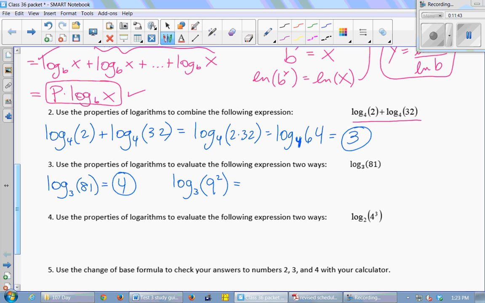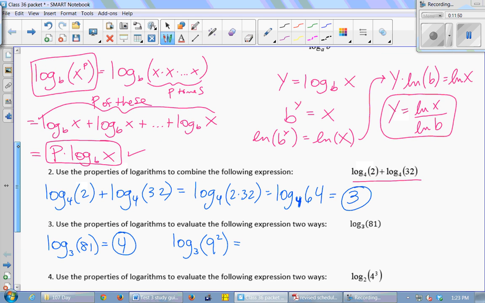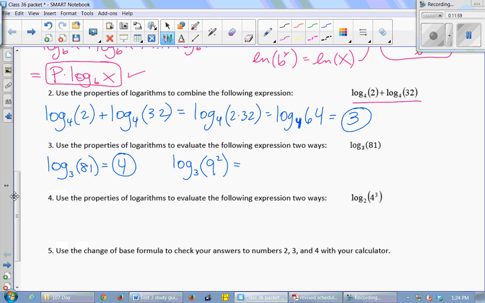I'm not done yet here, but once I've written that as 9 squared, I could use property C up here, right? If I take the log of something to a power, you can take that power and put it down in front of the log and treat it as multiplication. So I could write this as 2 times log base 3 of 9.